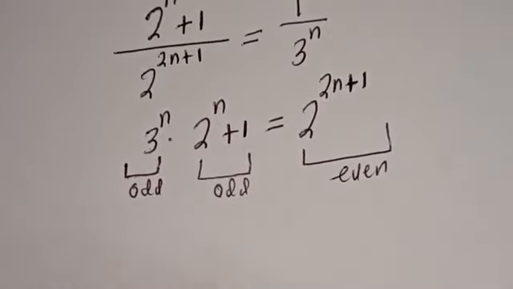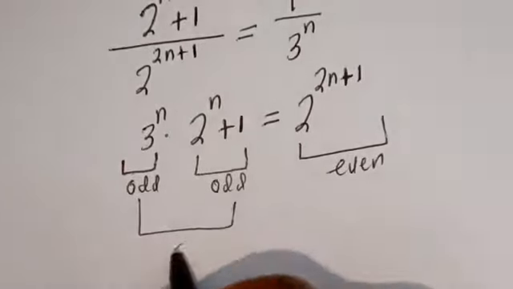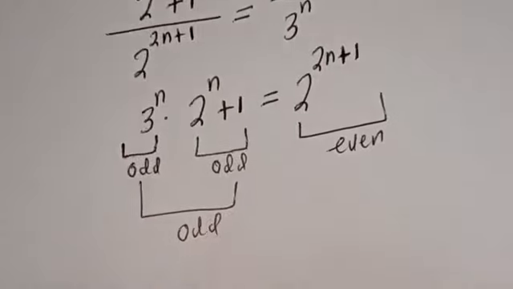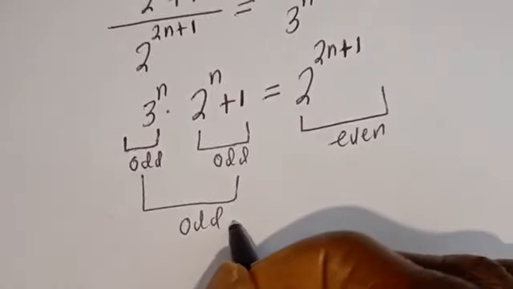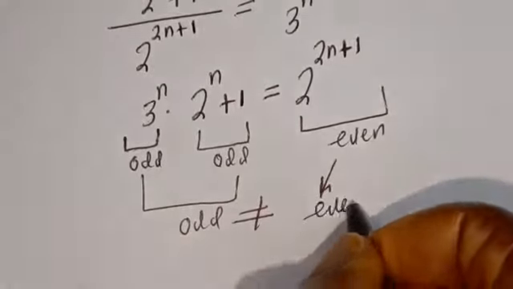Now, let's see. If you multiply this odd by odd, what will you get? Here we get odd. At this point, this is not equal to this even.